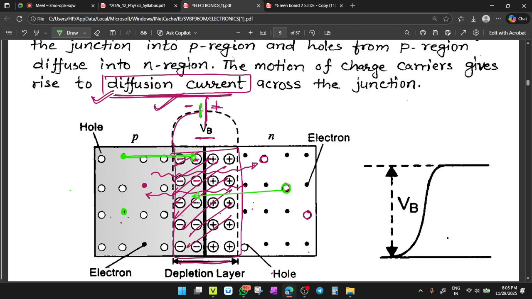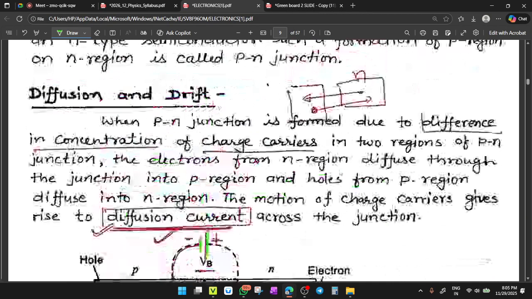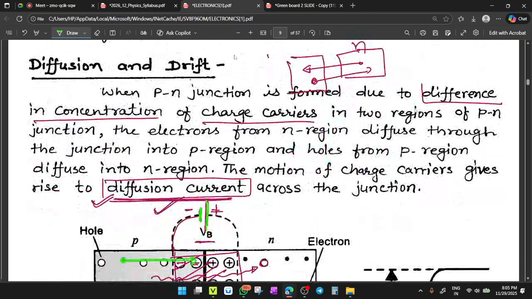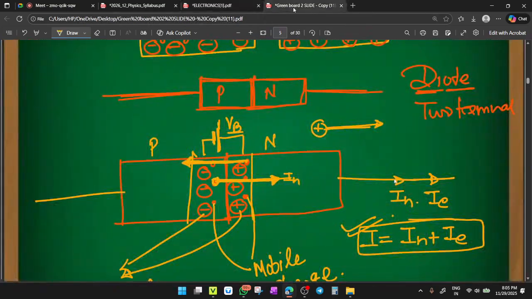Because the positive potential will attract these electrons and the negative potential will attract these holes. So there will be an opposite type of current. During diffusion current, the current was developed outside, but now there is a creation of hole current on this side, and electron current on this side, because electrons are moving towards here. Clear? So an opposite direction current will be developed here.